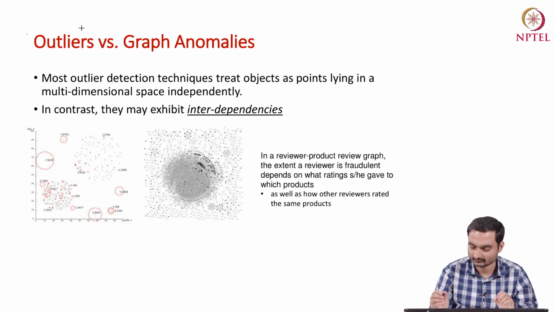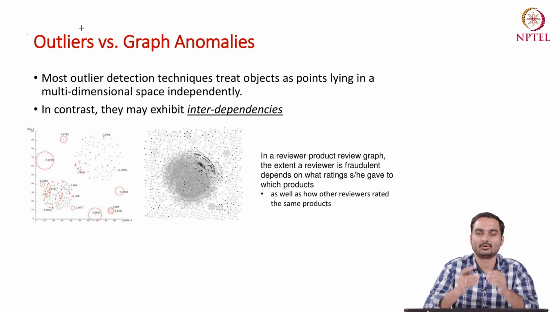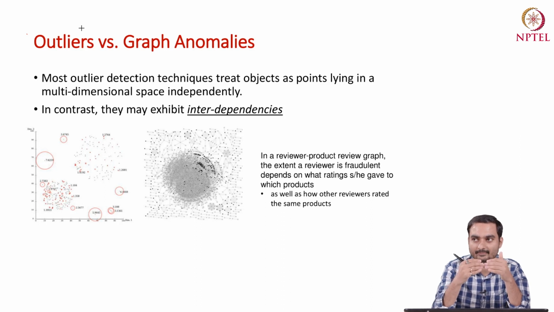Let us take an example of reviewer fraud detection. You have a product and you look at the reviews of the product, and ratings of the product are given by different users, and your task is to identify those reviews which are fraud or fake. Now if you look at reviews individually, in the sense that you do not look at one review and analyze the second review with respect to the first, you are looking at reviews independently, as if they are sampled from an IID distribution.